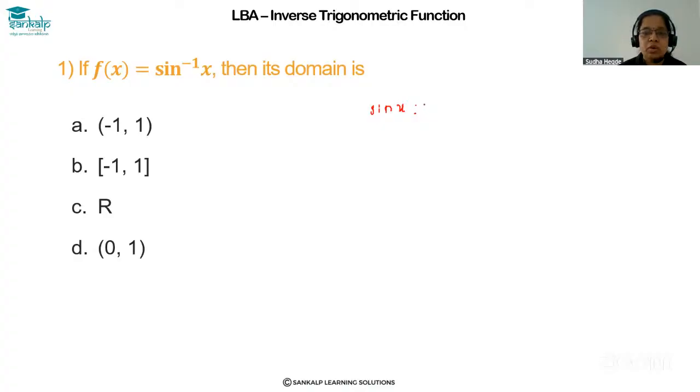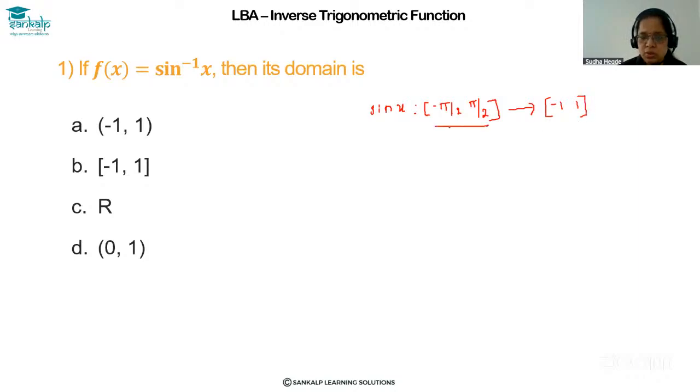We have restricted the domain from minus pi by 2 to pi by 2 closed interval, and the range is minus 1 to 1, correct?